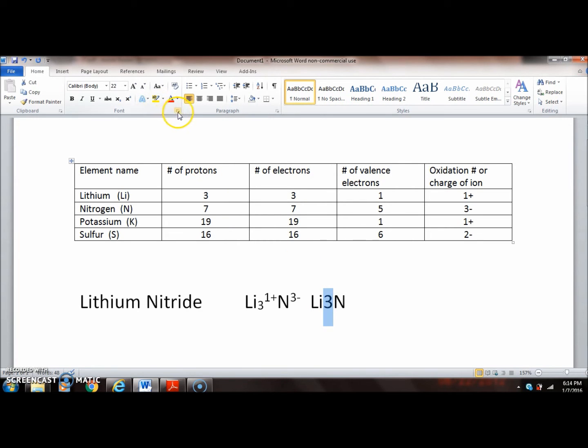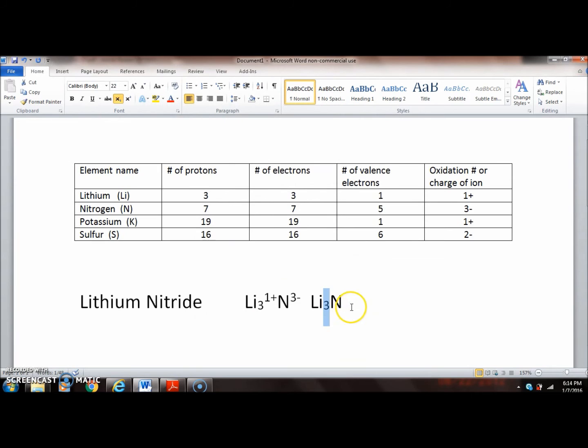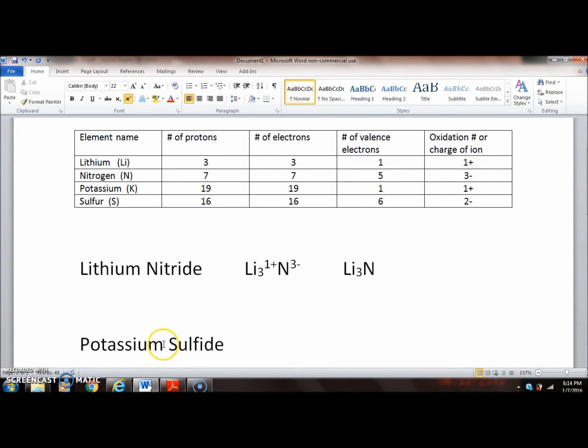And this is how we would properly write it, like this. Okay, and we're done with that one. So the proper chemical formula for lithium nitride would be Li3N, 3 atoms of lithium and 1 atom of nitrogen. Let's do one more. We have potassium sulfide.